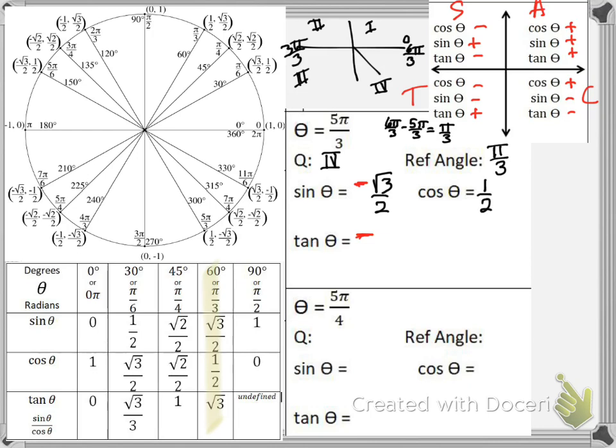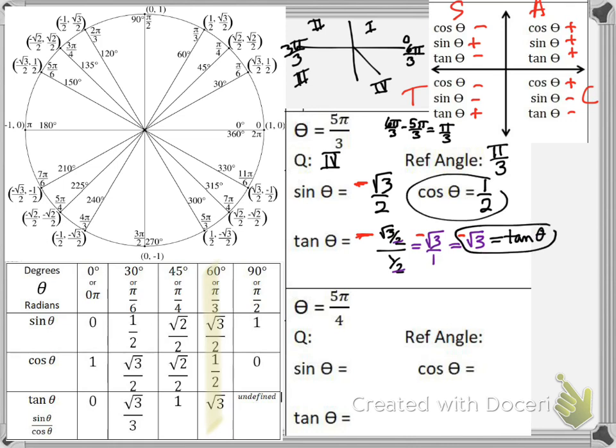Tangent is y over x. So root 3 over 2 divided by 1/2. I'm going to wipe out the 2's, take the shortcut and call it root 3 over 1. And root 3 over 1 is just root 3. Don't forget, keep the negative as part of your answer there. So this is my answer for tangent theta.